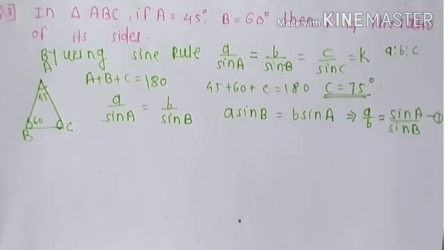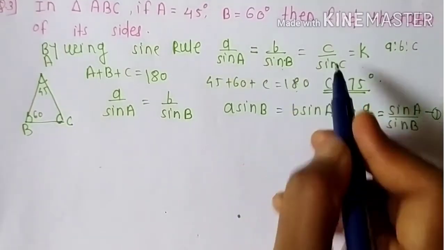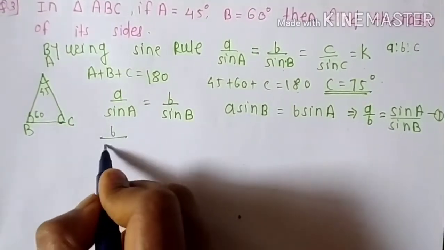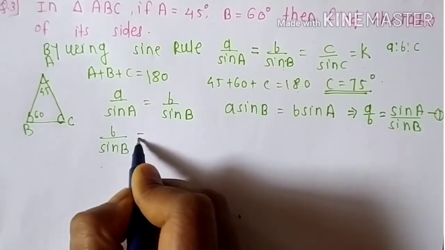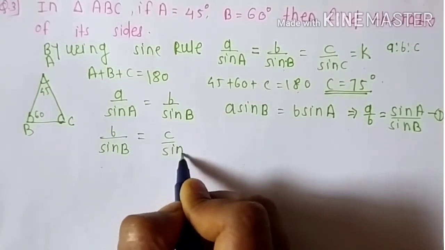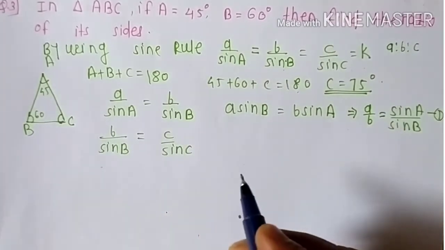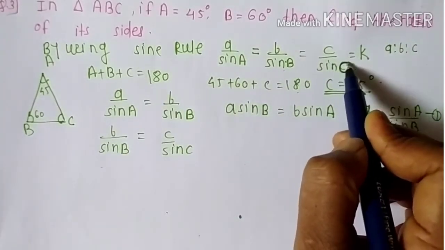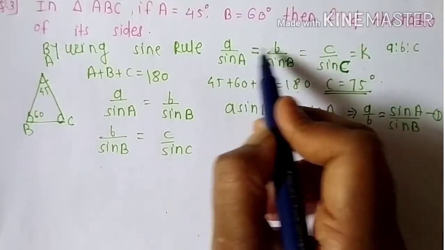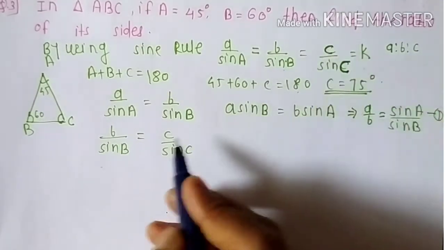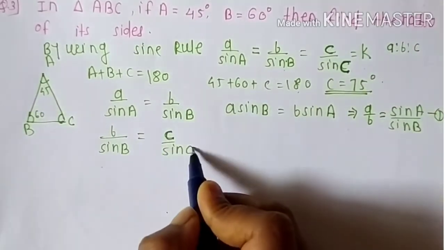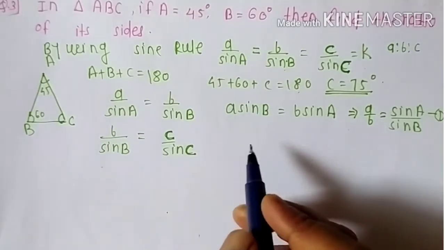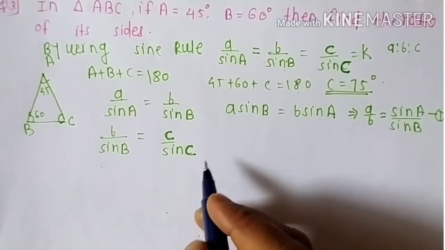Next, in the same way we consider the second and third: b upon sin B is equal to c upon sin C. Always remember that capital A, B, C mean our angles and small letters are sides. This is small c, but this is capital C. Capital ABC are angles and small abc are sides.